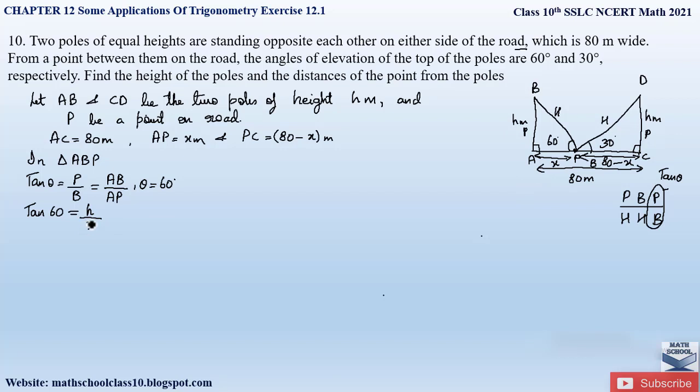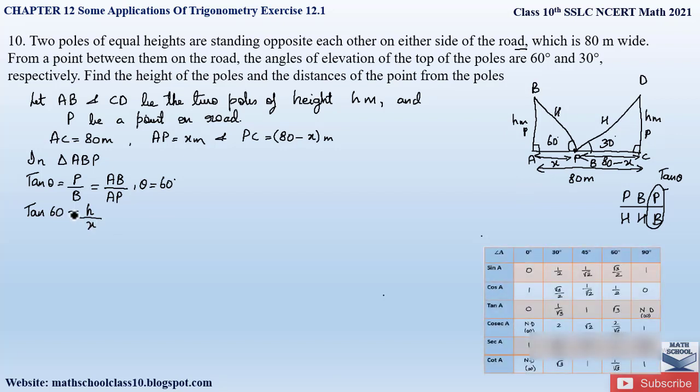So we are writing h by x. And what is tan 60 from our trigonometric table? Tan 60 is equal to root 3. So root 3 is equal to h divided by x, or we can write h as equal to x into root 3. So let us take this as equation number 1. We got the value of h here.